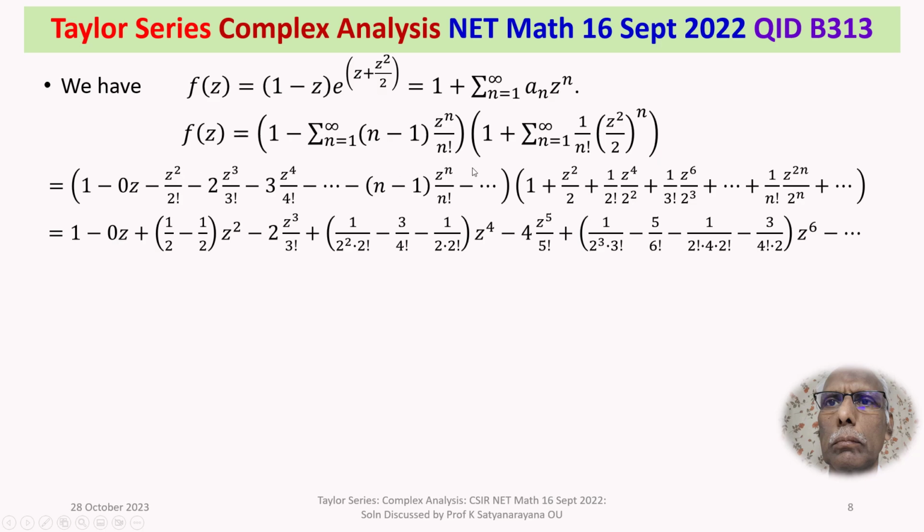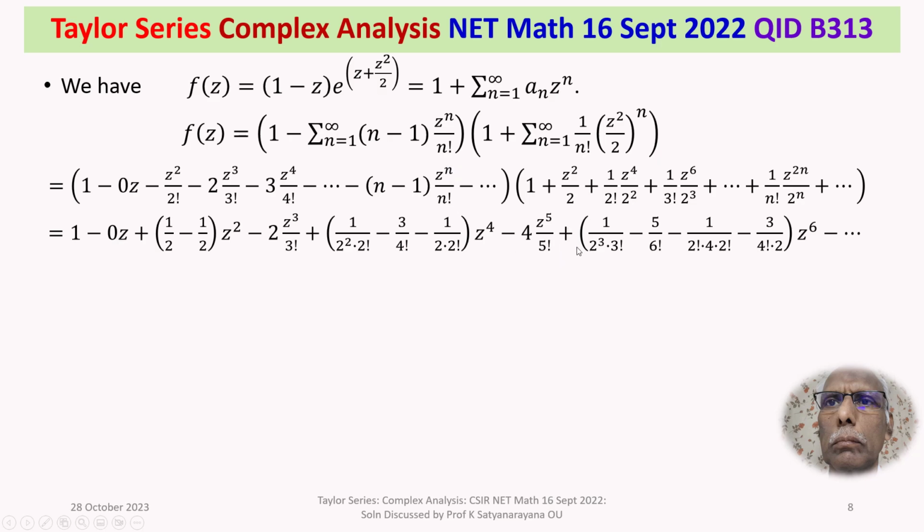Multiply z square to z square, z to the power of 4, minus 2 into 2 factorial, whole into z to the power of 4. Minus, now the term involving z to the power of 5 is, put n equals 5 in this, so 4 into z to the power of 5 by 5 factorial.